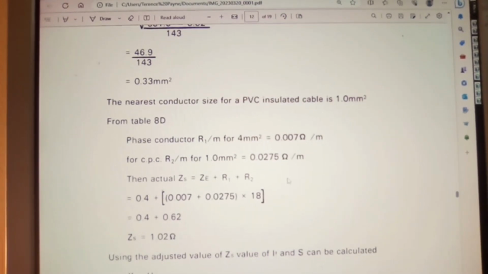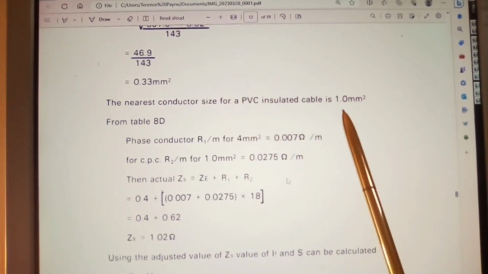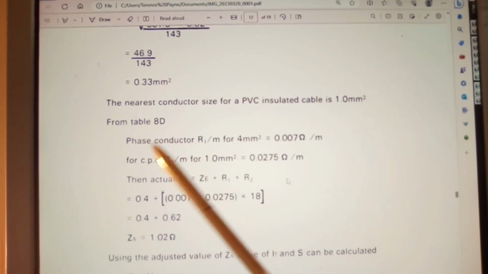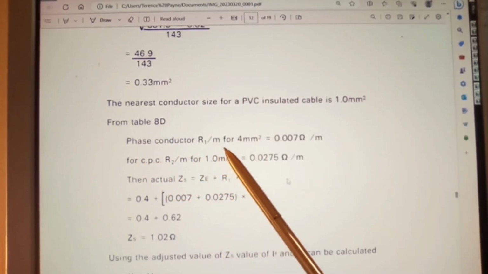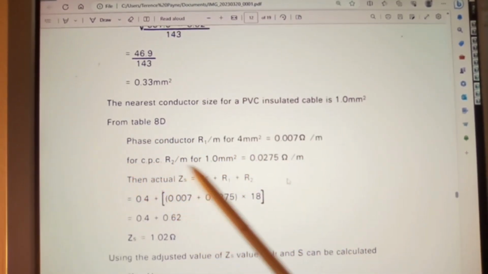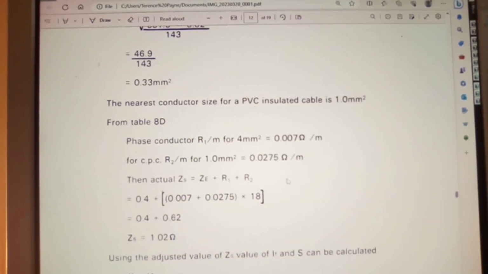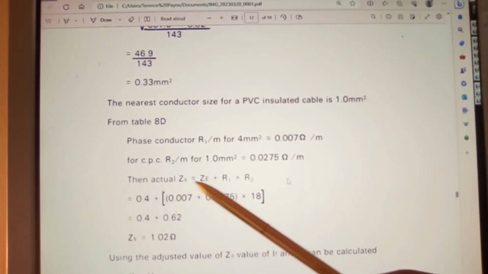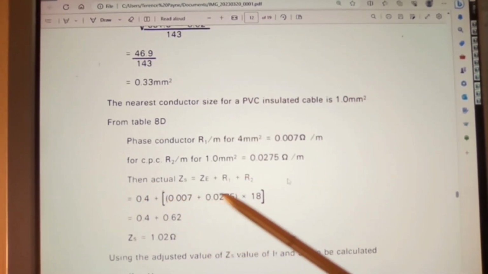The nearest conductor size for a PVC insulated cable is 1 mm square from table 8D. Phase conductor, etc. That's for you to read out for yourselves. Then actual ZS equals ZE plus R1 plus R2. Now again, write out the formula. Make sure you're putting in the information that you have.